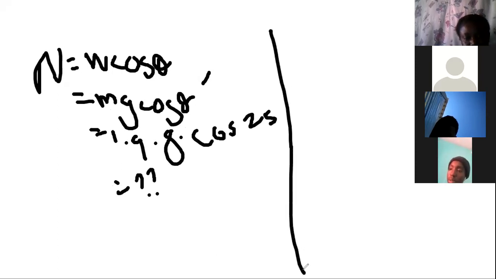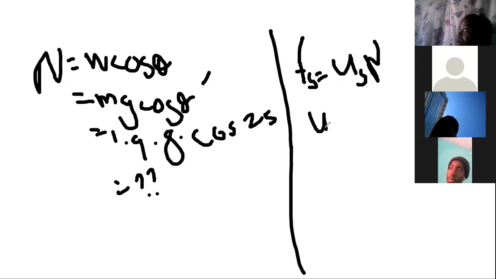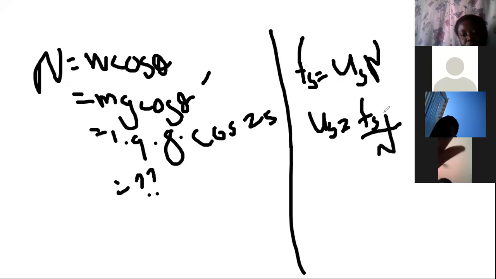You go on now to your equation and say static friction is equal to the static coefficient times the normal force. So you have that the static coefficient is equal to the static friction divided by the normal force.